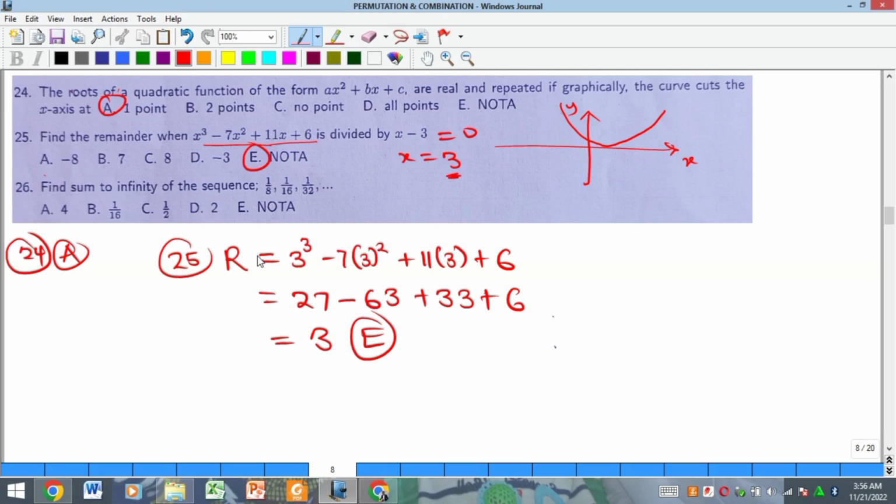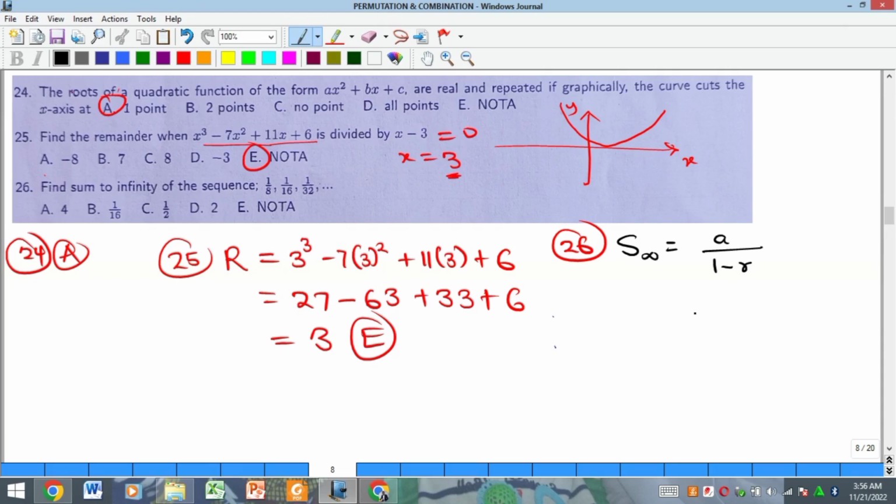Okay, so finally for this page we go for number 26, and number 26 says that we should find the sum to infinity. This is coming from geometric progression. Sum to infinity is equal to a, which is the first term, all over 1 minus r, if your r is less than 1.